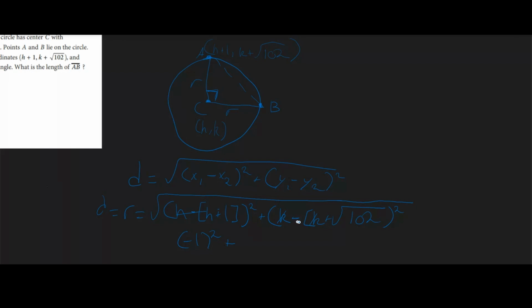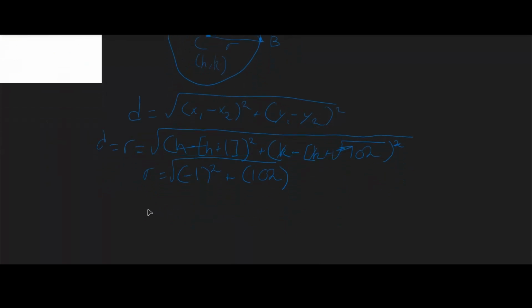We're left with a negative root 102 squared. A negative squared becomes a positive, and then a square root squared cancels out the square root, so we are left with positive 102, and that's all going to be under the square root symbol. Let me clean that up.